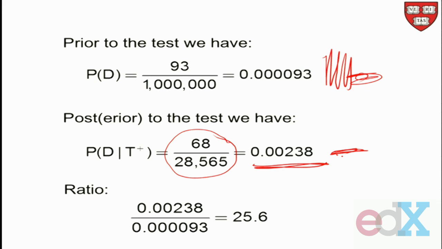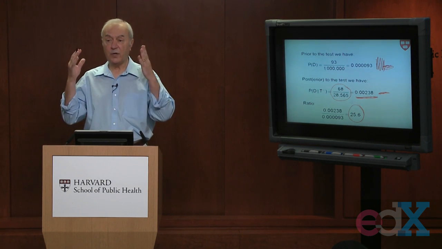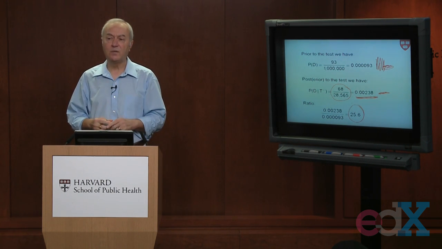So if we look at the ratios, it's 25.6. So it's almost a 26-fold zooming, if you will. We're going to zoom in 26-fold because of the test. That is the better way of looking at what the value of such a test is.